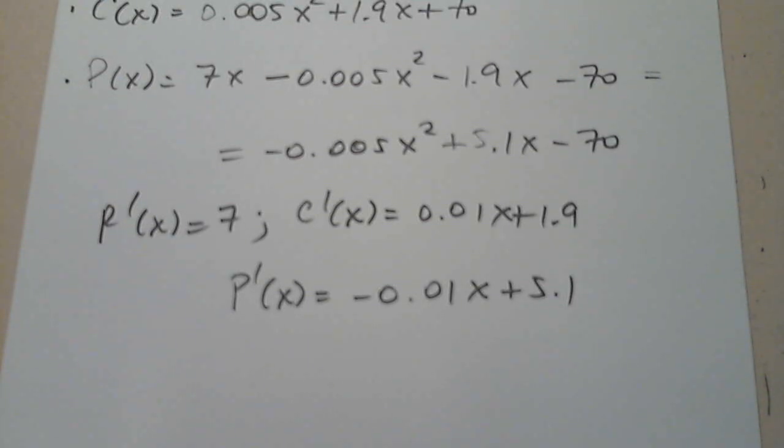And now the derivatives, the marginals, 7. There is nothing I can do to that. I shouldn't even put it in, but let's say 0.01x plus 1.9. And the last one is negative 0.01x plus 5.1. Good.